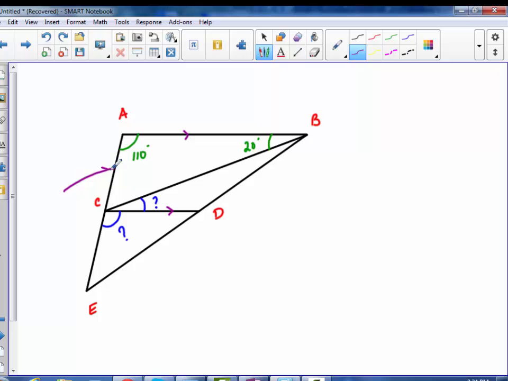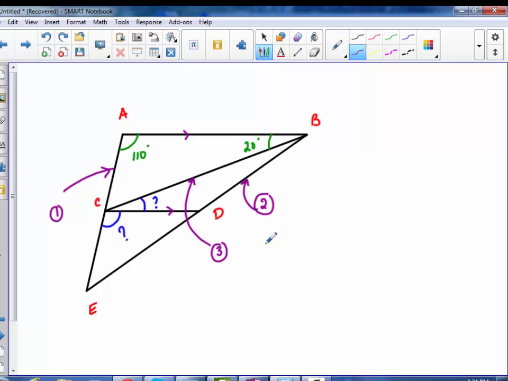This is my first transversal line. Another transversal line is BE. BE, as a straight segment, cuts the two parallel lines, so this is my second transversal line. And finally, CB, this straight line, cuts the two segments AB and CD that are parallel, so the third transversal line is CB.